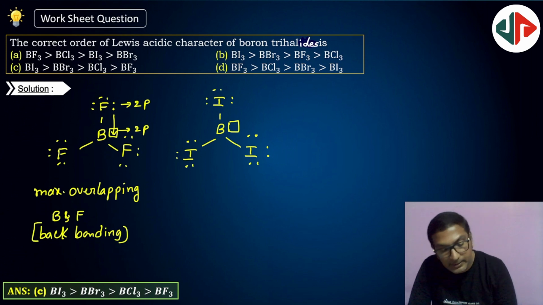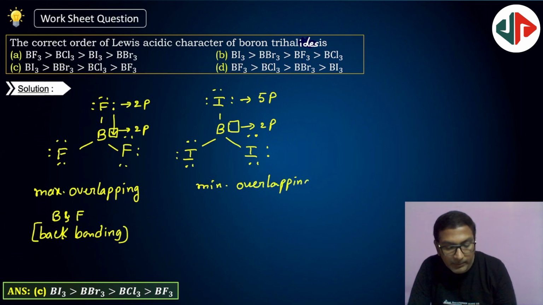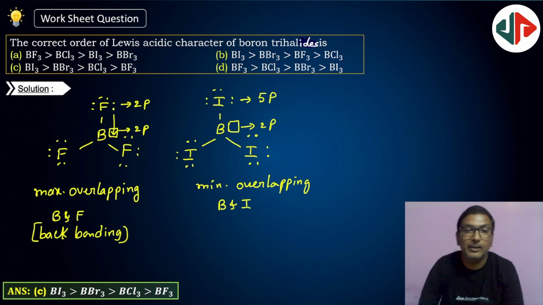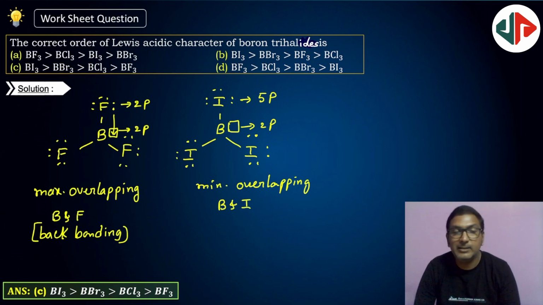While in the case of iodine, the lone pair is present in the 5p orbital and boron has 2p. So there is minimum overlapping between B and I. So here back bonding is not effective. Due to back bonding, the vacant orbital in boron is filled with electrons. Therefore, it cannot accept an electron pair from a Lewis base.